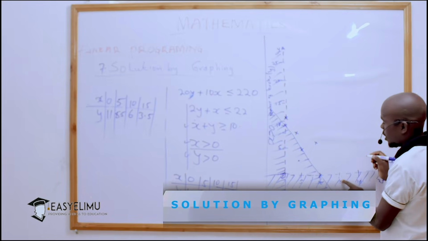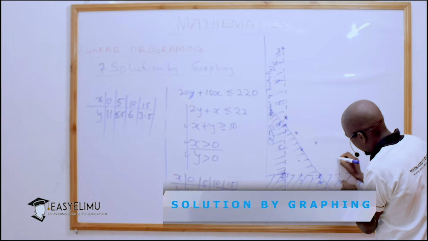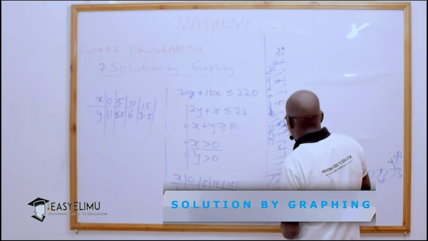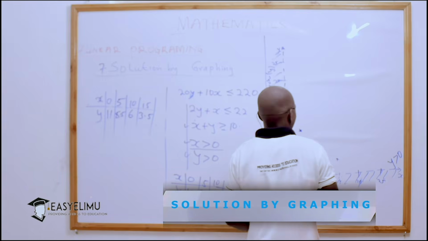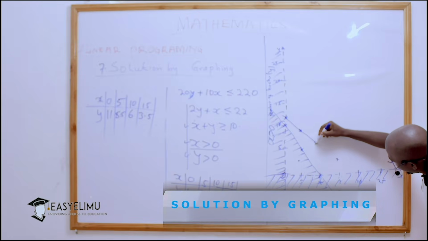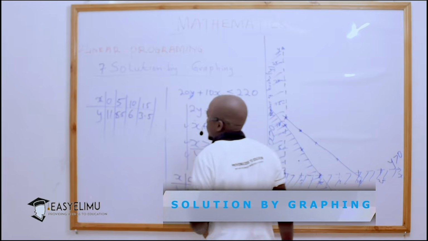And if x is 15, we are going to have y as 3.5, somewhere here. So we shall find it is a line passing through this point and cuts the x-axis at that point.